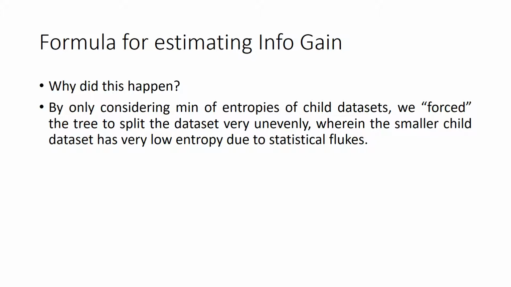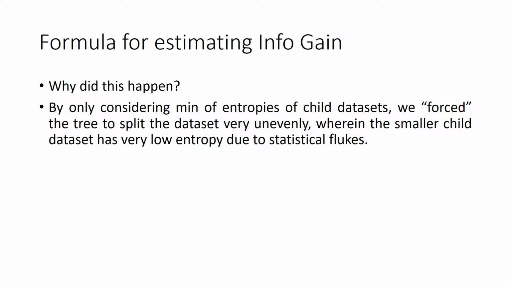And you see, if your data set is small, it is quite likely that it is going to be biased one way or the other. And since it was a small data set and it was biased one way, the entropy was low, right? So basically what we did was we forced the tree to create two very highly uneven data sets.